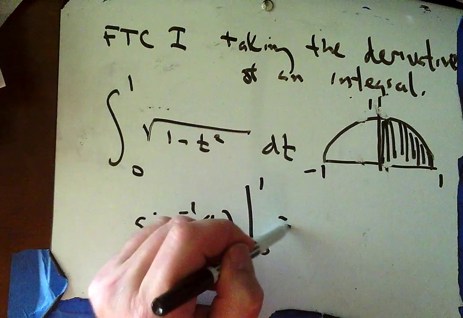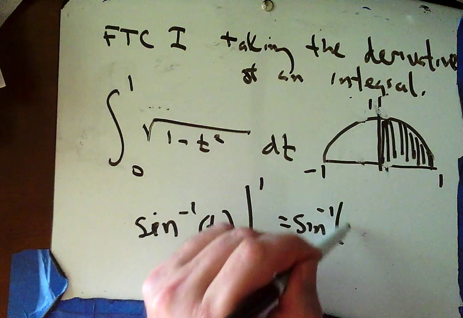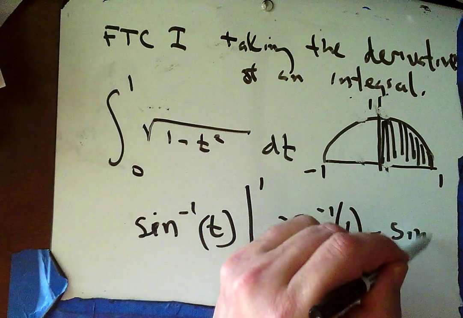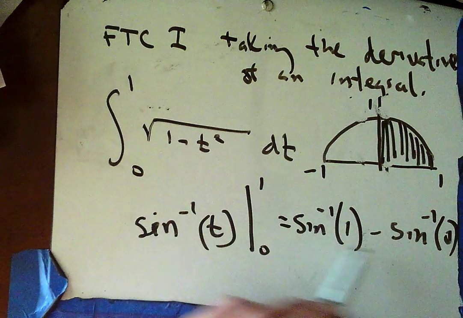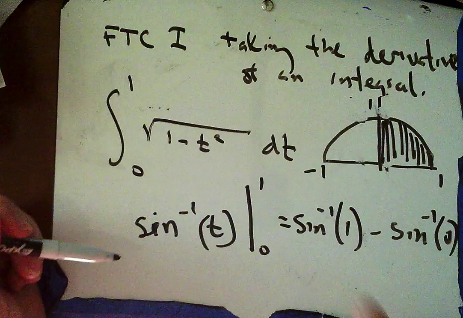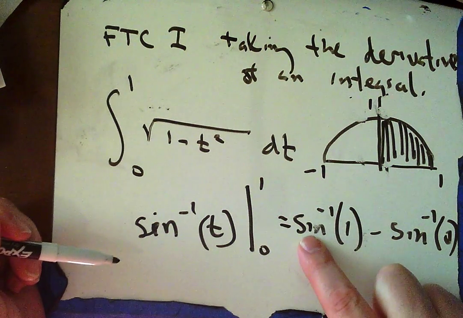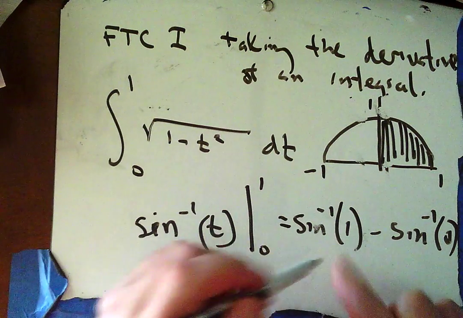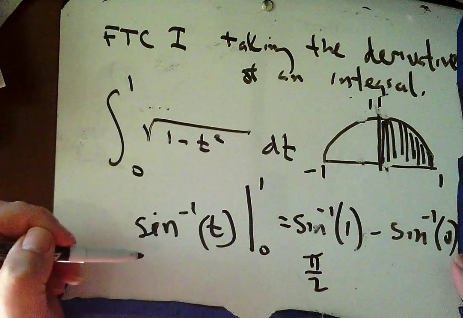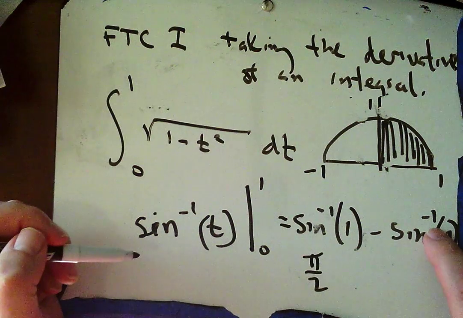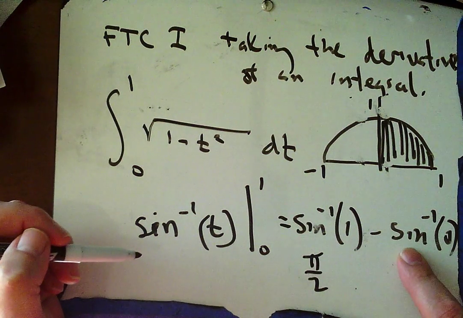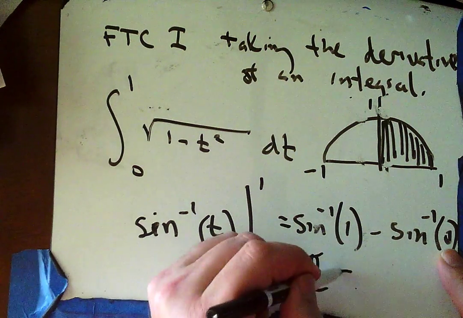Now, no kidding. I know you don't believe me, but this isn't our final answer. You're supposed to know what angle within the restriction of inverse sine has an upness of 1, and what angle within the restriction of inverse sine is 0.